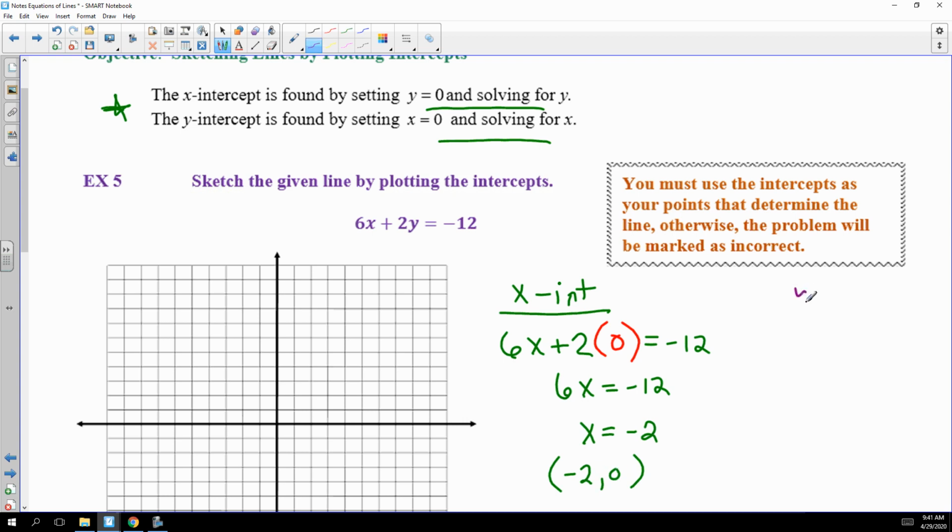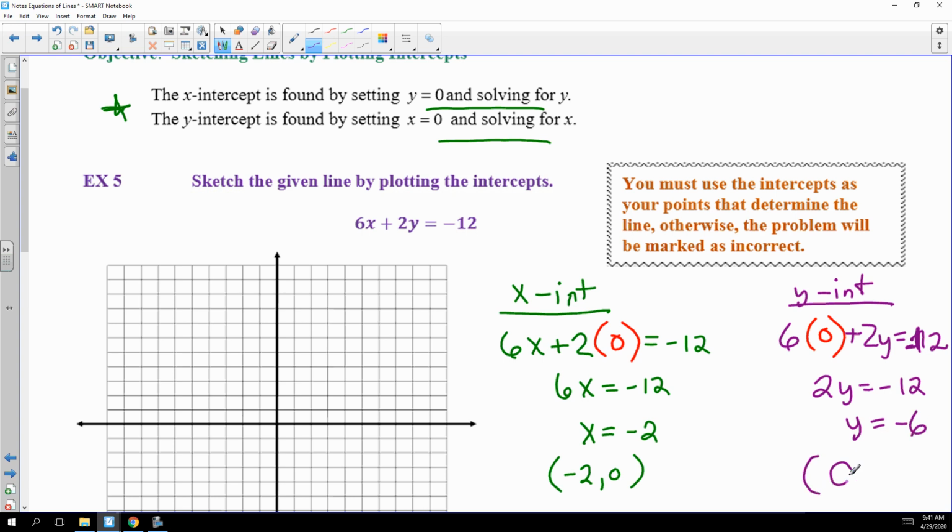Now the y-intercept is found by substituting 0 in for x, so 6 times 0 plus 2y equals -12. Then 2y equals -12 and y equals -6. Every y-intercept has an x-coordinate of 0, just like every x-intercept has a y-coordinate of 0.